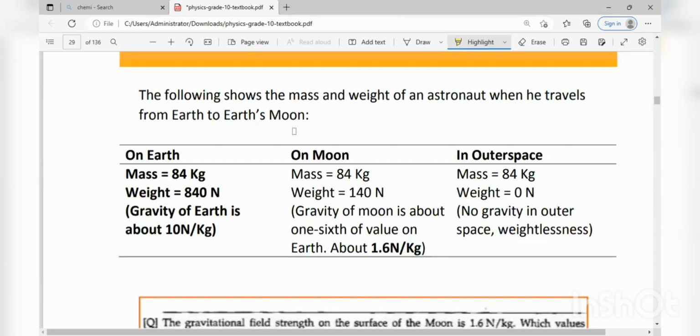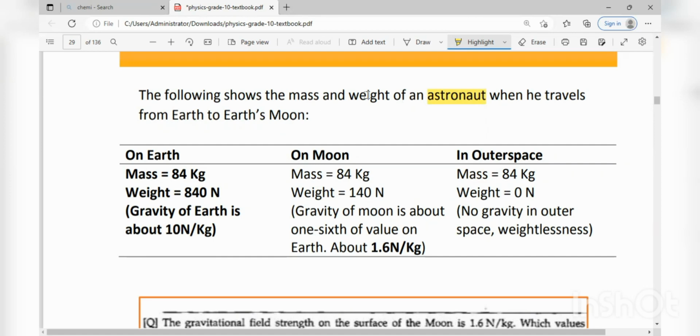Now let's look at this information which shows the mass and weight of an astronaut when he travels from Earth to Moon. This man will have a certain mass when on Earth. What will be the mass when he goes to the moon?